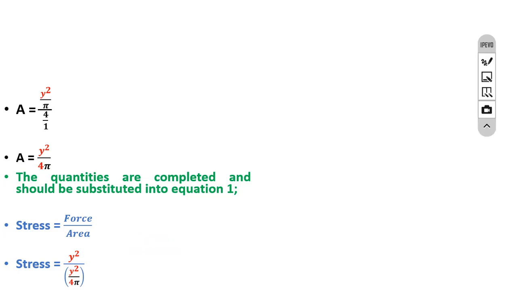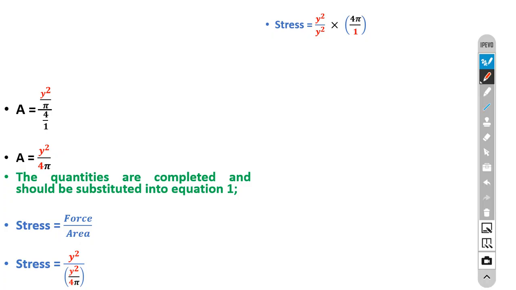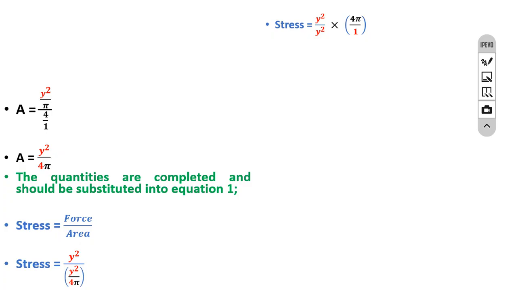When we do that, we will get this. And looking at it, you see that y squared is common, and all we have to do is to strike this. Anything divided by 1 is still that same thing. So dividing this by 1, we are still going to get 4 pi newtons per meter square.